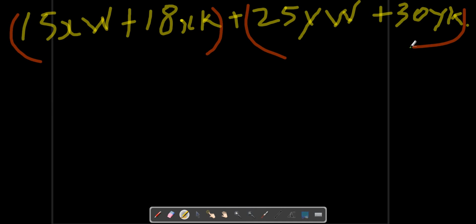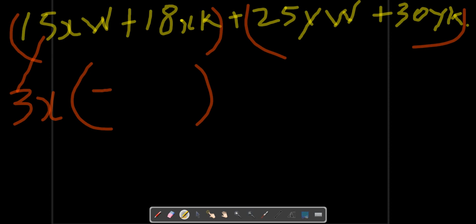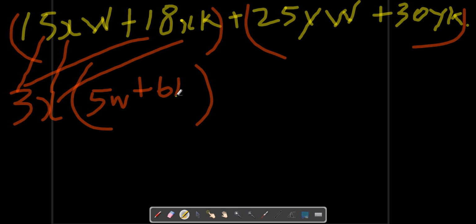The highest common factor of 15 and 18 would give us 3. They also share an x, and so we pull the x outside. So 3 into 15 goes 5 times, x cancels x, leaves us with w. 3 into 18 goes 6 times, x cancels x, leaves us with k.